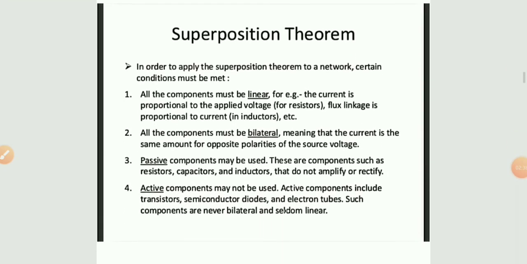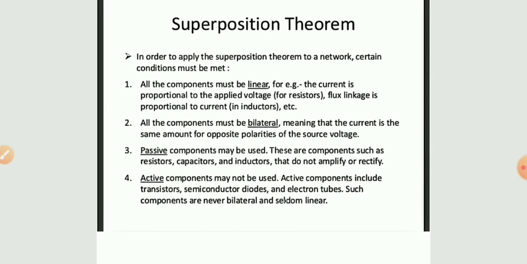In order to apply superposition theorem to a network, certain conditions must be met. First, all the components must be linear. It means the property of all components should be linear.